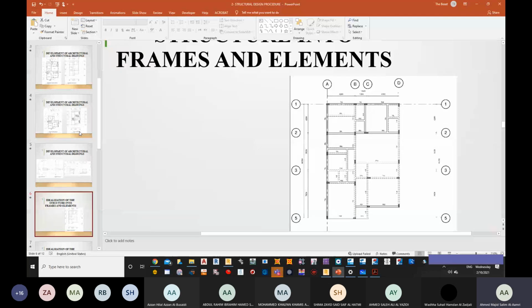For example, if we take this particular beam, can we see this beam? Now, if we are trying to design this particular beam, how would you do it? First, we need to draw the free body diagram, right? So if I try to draw the free body diagram, this is my beam.